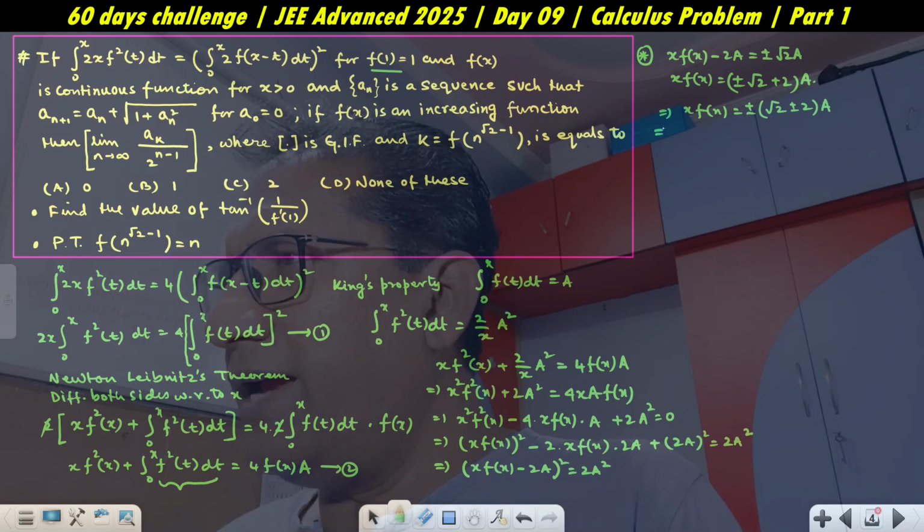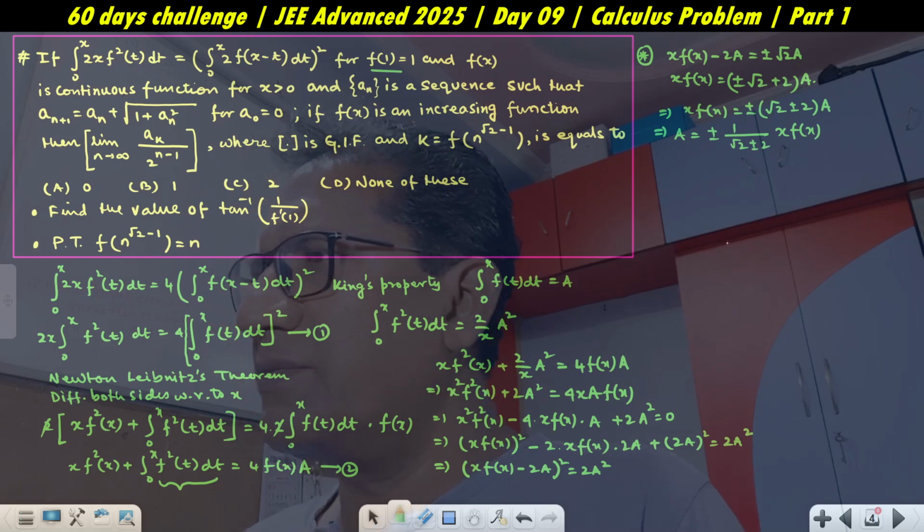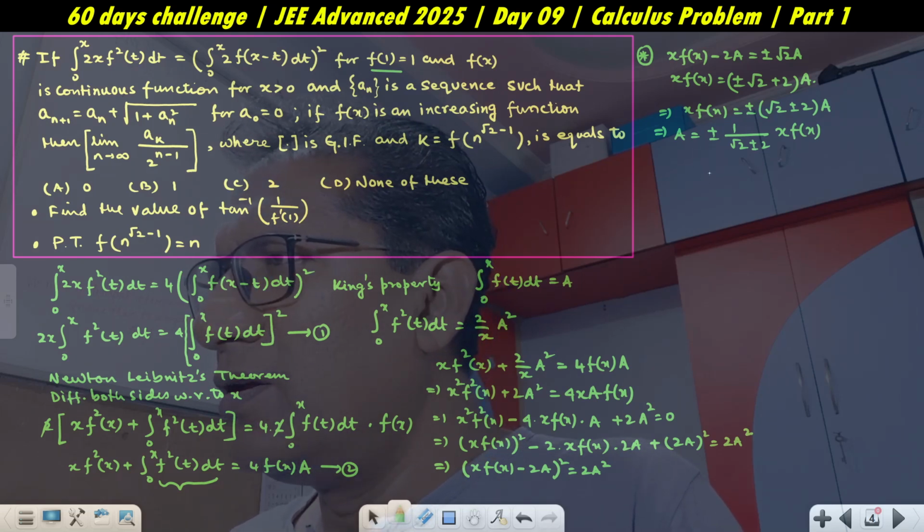So from here we are getting A is x into f of x divided by that. So if I rationalize, what are we going to have?